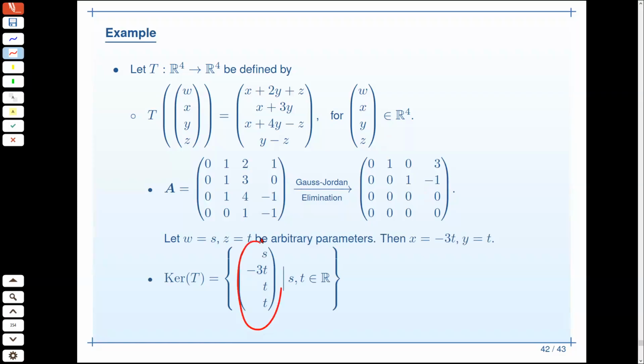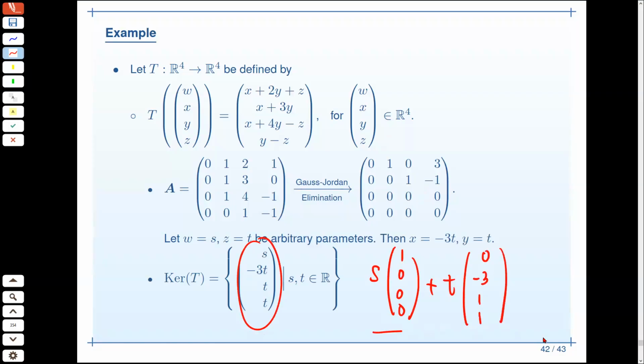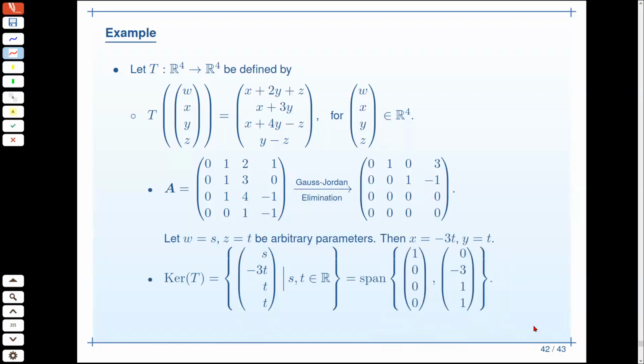Then clearly you can separate S and T to have S times 1, 0, 0, 0, plus T times 0, -3, 1, 1. So therefore, the kernel is the span of these two vectors. And therefore, the nullity of T equals 2, which is also the same as the nullity of A.